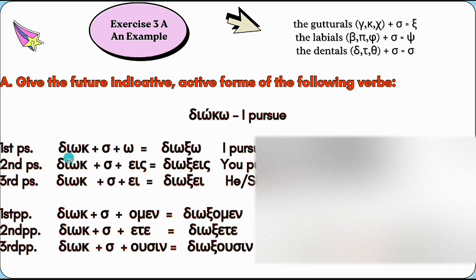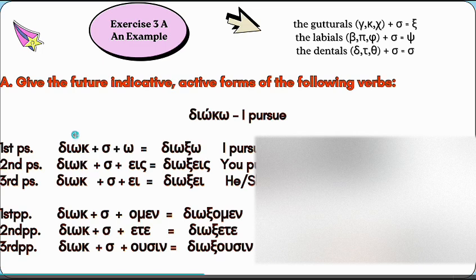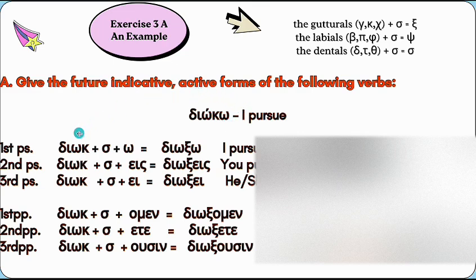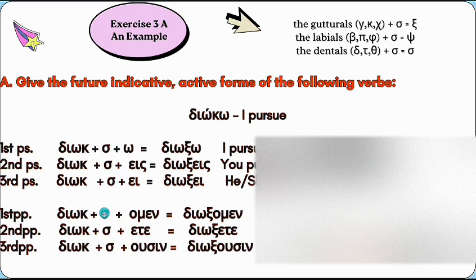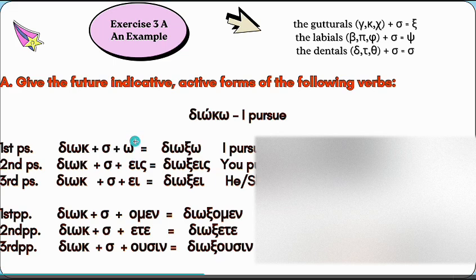So look at how I did it. I just split the verb. I removed the stem and put it on one side. Then I added the sign of tense for the future tense, then the endings in the singular and plural, first, second, third person.